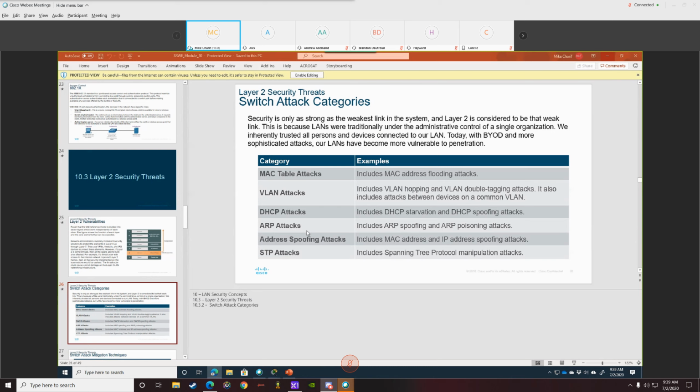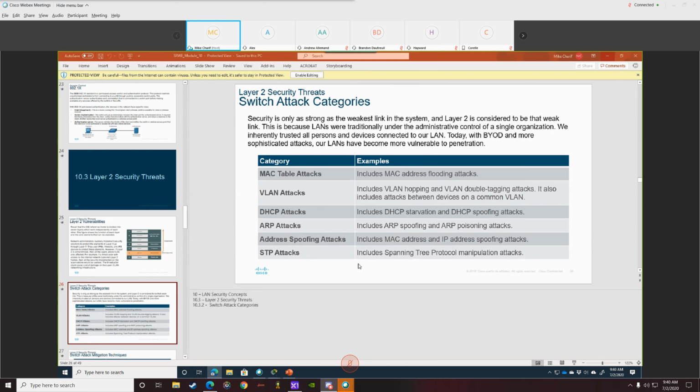I don't think in this class you can do all the stuff, but we'll see. This includes MAC address and IP address spoofing attacks. All these attacks you can prevent by implementing port security and IP ARP inspection. Port security limits the amount of network addresses that a specific port can learn.